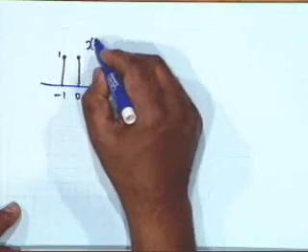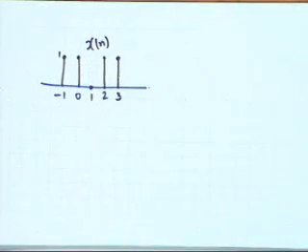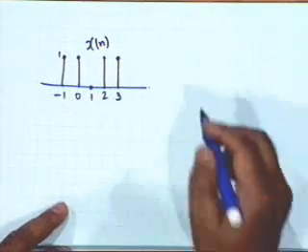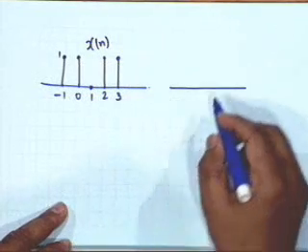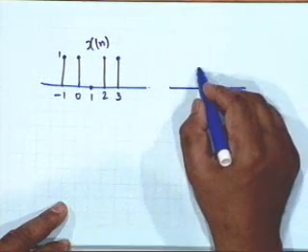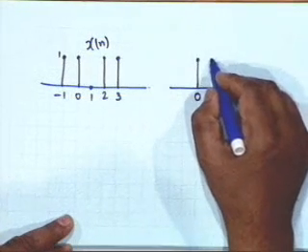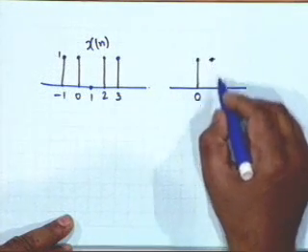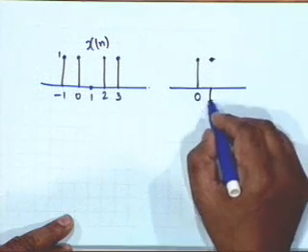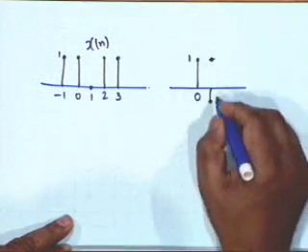Let's say this is x of n. H of n, let's make it simpler. Let's make just 2 samples. One is at 0, and the other is at 1. To bring variety into experience, let's say this is 1 and this is -half.